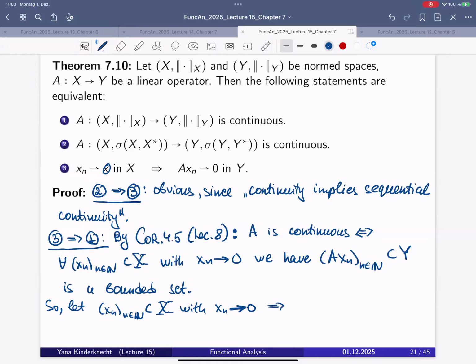This means that the sequence of norms converges to 0 as well. Agree? Triangle inequality. This means that Xn converges to 0.